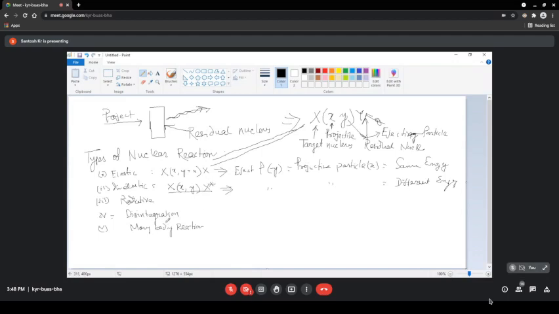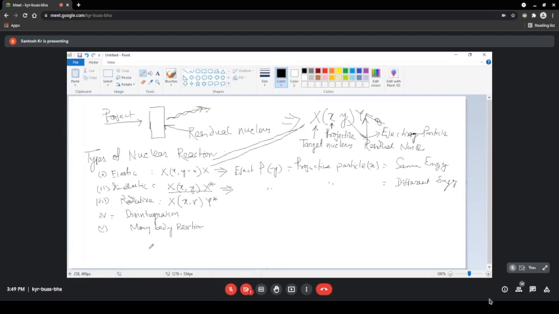Radiative capture means what will happen? Guess. Brahmanand, what do you understand by radiative capture? Sir, it will absorb, I think. Yes, very good.